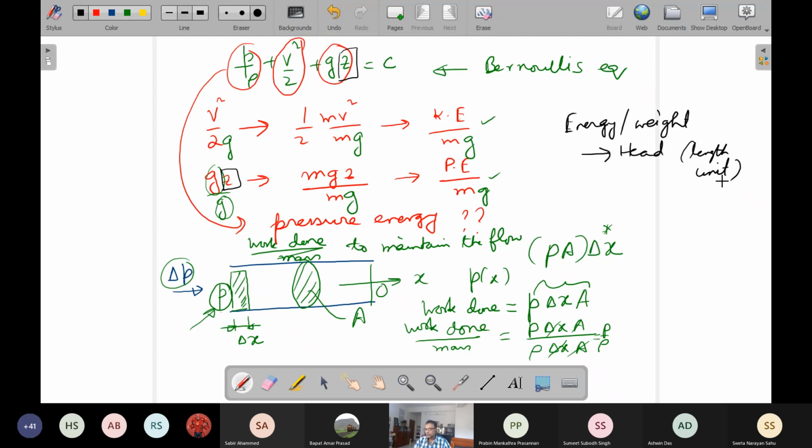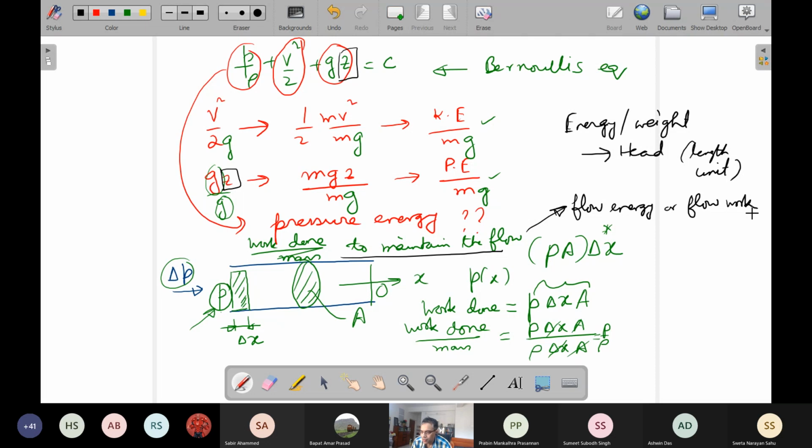Now this work done per unit mass to maintain the flow in presence of pressure, in thermodynamic terminology is called flow energy or flow work. This is in terms of terminology the more authentic or correct one, not really pressure energy.